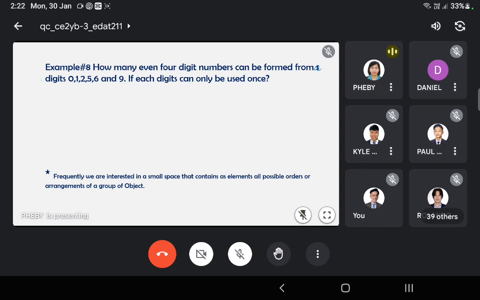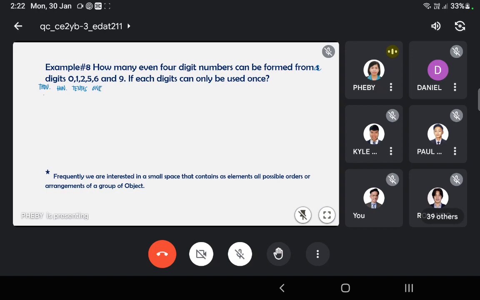So, ito yung ating mga digit. Pag 4-digit number, ano yung mga positions? Thousands, hundreds, tenths, and ones, di ba?